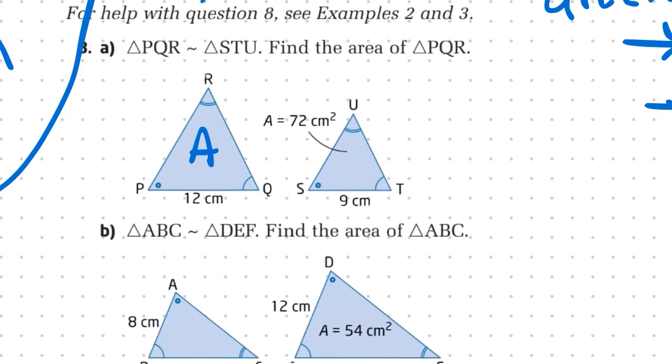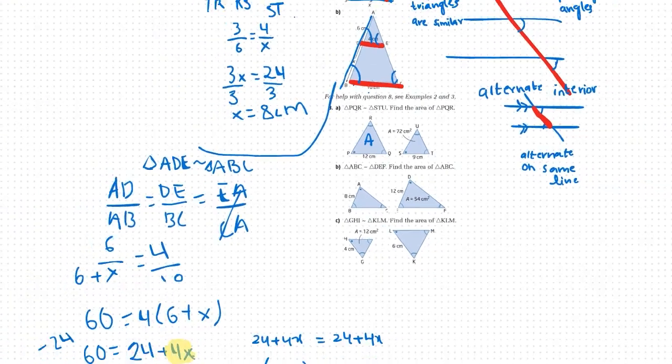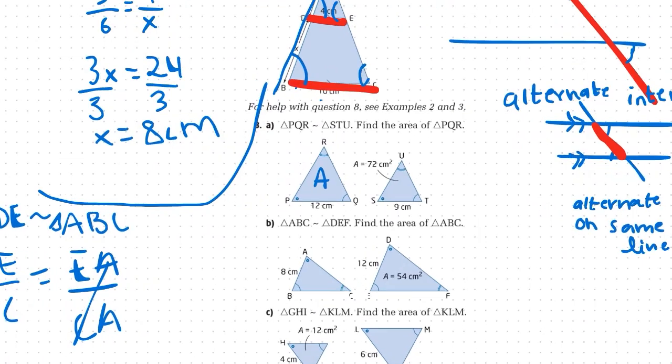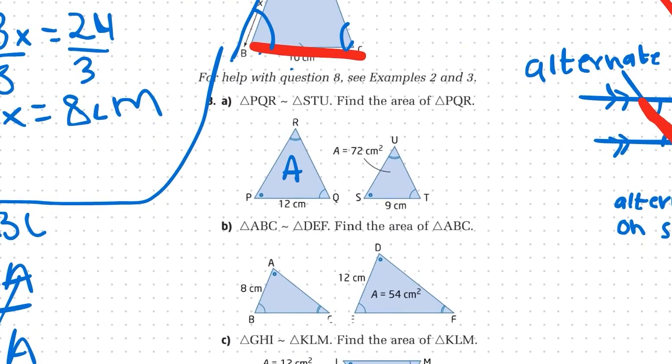1.33. So k equal to 12 by 9, correct? When you are doing 12 by 9, it is larger triangle upon smaller triangle.